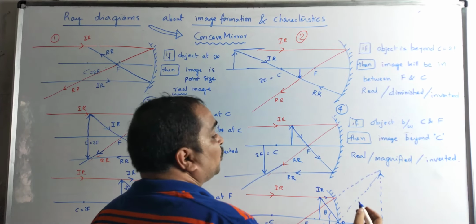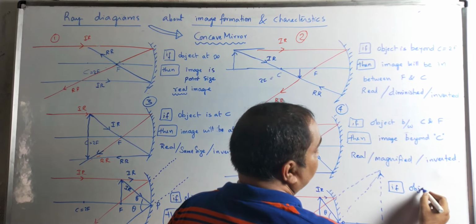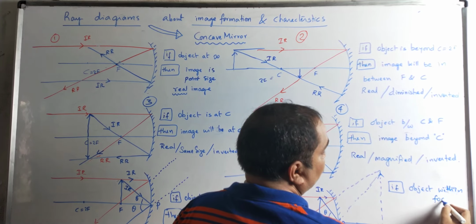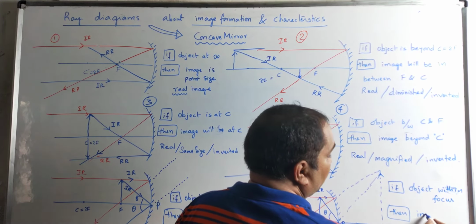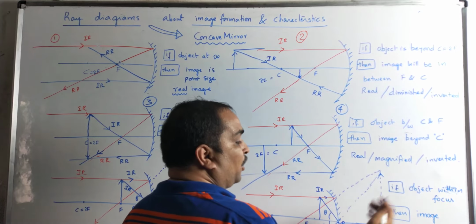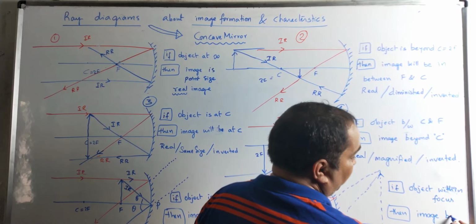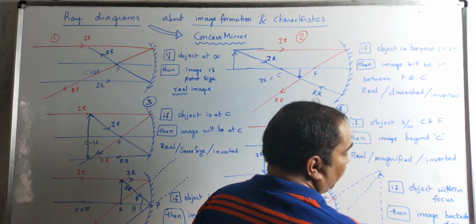Okay then. So if the object is within focus, then the image is formed beyond the mirror, at the back side of the mirror.